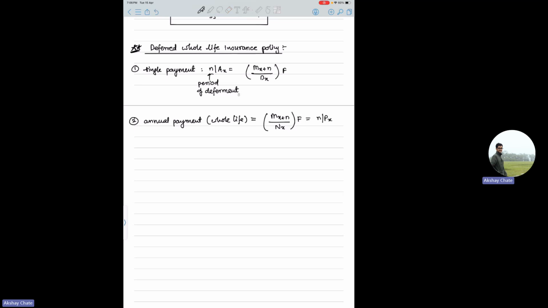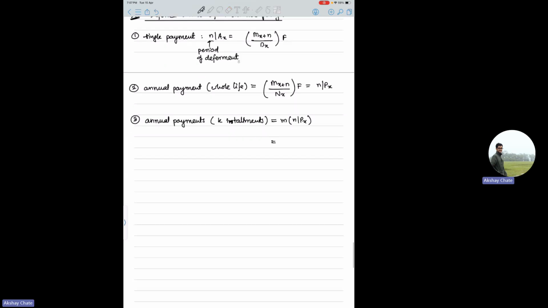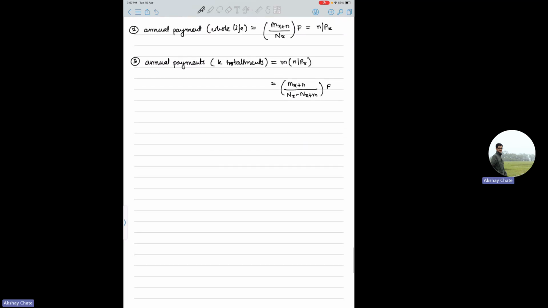Okay, and the third case will be annual payment, but only k installments. You don't want to keep on doing it for your whole life. You only want k installments. So in such cases, you can write this as m into n px, and it will be Mx+n divided by Nx minus Nx+m into F. Okay, so we are not solving a problem on this, because more or less this is straightforward.